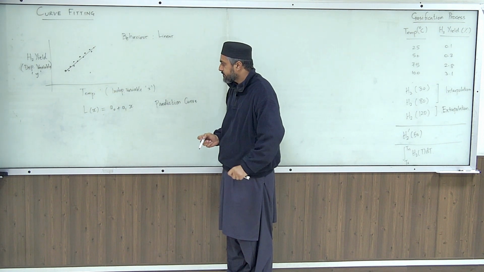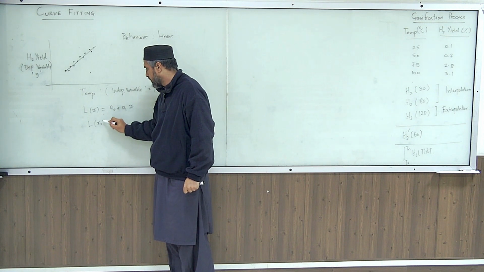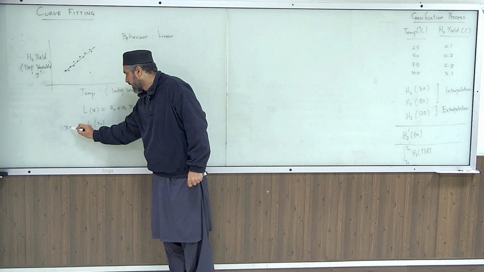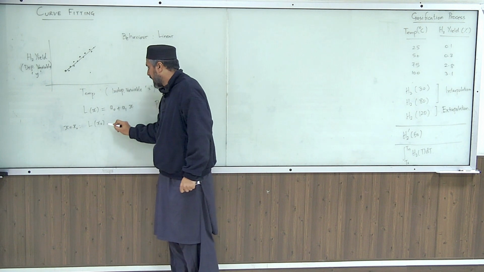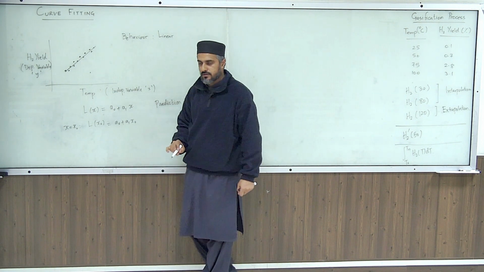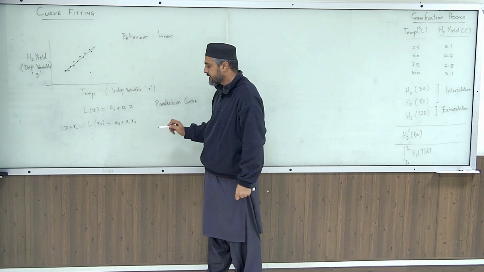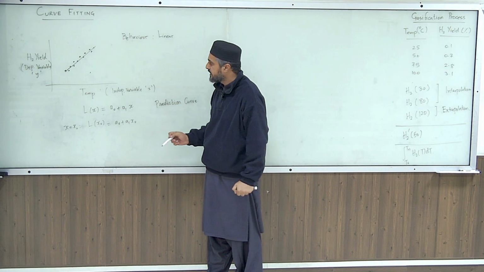So if, for example, I plug x equals x naught in this equation, I will get a value a naught plus a1 x naught. Now this L of x naught is the predicted value at x naught, and what is the actual value?